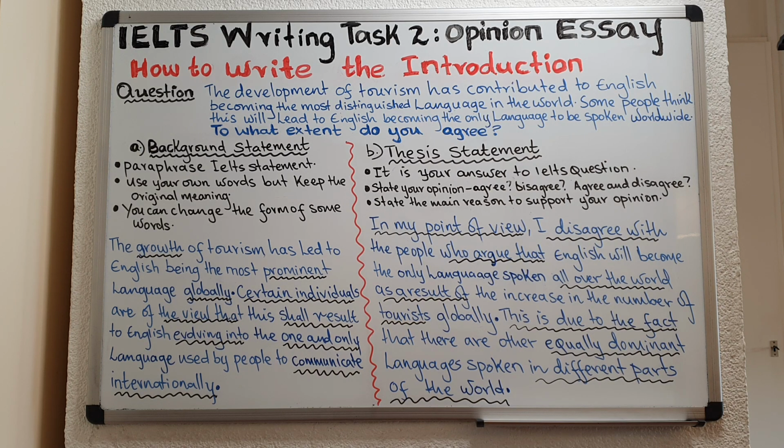We replace the word some with certain, and we replace the word people with individuals. The next word that we are going to replace is think. We are going to replace that with the words are of the view that.